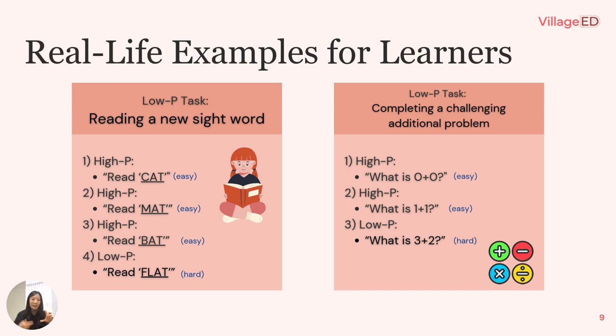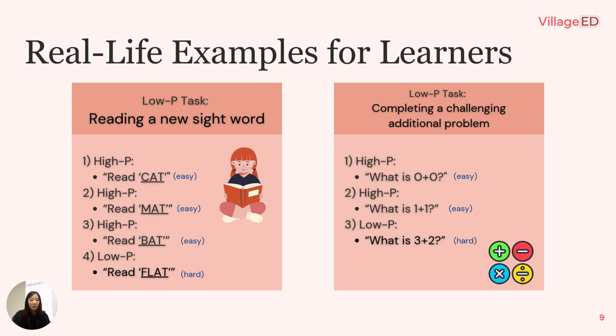So to build momentum up to reading a new sight word, which is flat, I would say, read. And let's say it says cat, the student reads cat. Good. I move on to the next one, read. And it says mat, the student reads mat. I move on, read, and let's say it says bat, the student reads bat. And then I move on to the fourth card, which is our low P target task. Read, and then the student is expected to read flat.